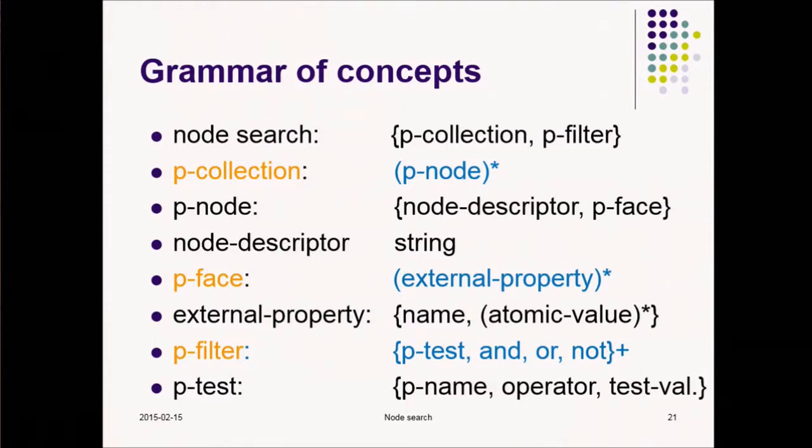An external property is a pair consisting of a name and a sequence of atomic values. A p-filter is a set of p-tests combined by the Boolean operators and, or, and not. And finally, a p-test is a triple consisting of a property name, a comparison operator, and a test value.